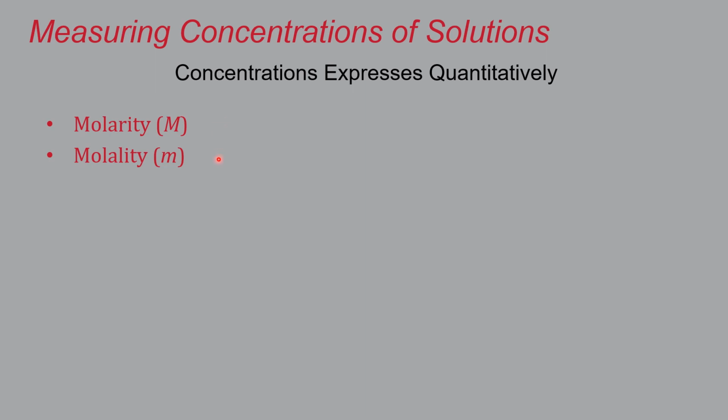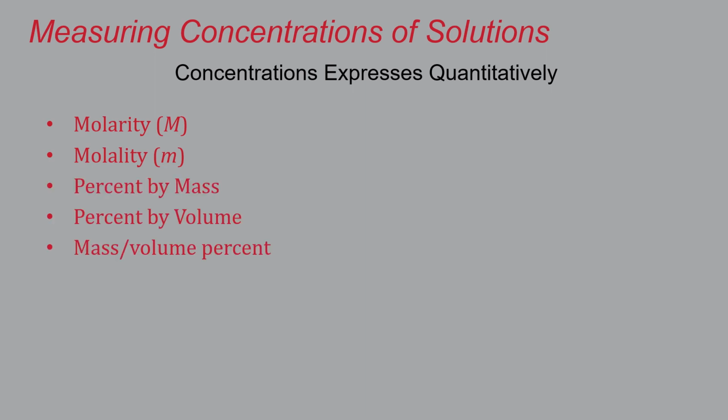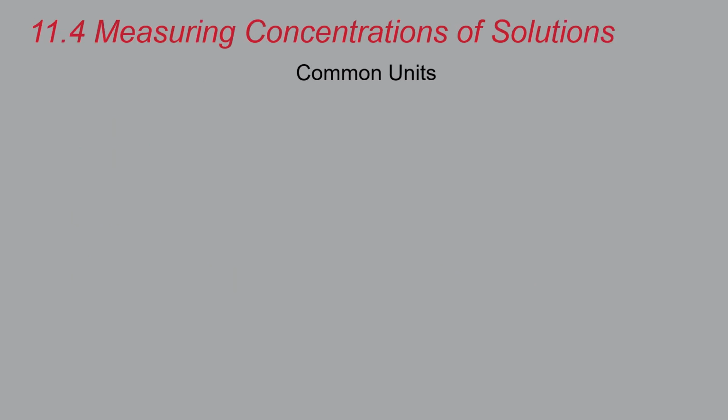And that is denoted with a lower m. And percent by mass, percent by volume, mass volume percent, parts per million, parts per billion. I grouped those together because they are very similar. So I want to talk about the units of all of these, or most of them, one at a time.